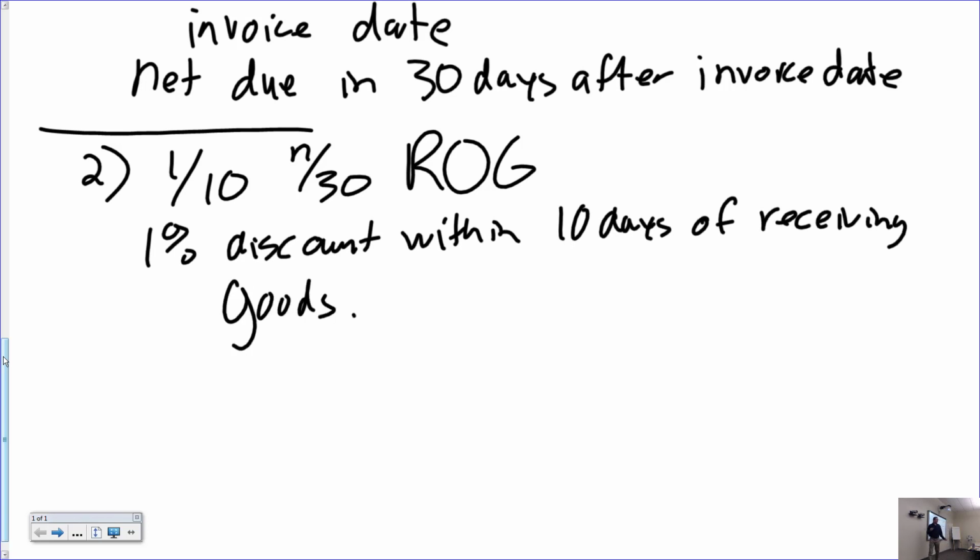And so note that in standard terms, the 10 days are based off of the invoice date, which is when the goods are shipped. With ROG, the 10 days are based off the date that you received the goods, and so it's a slightly different format, okay? Note, though, that due in 30 days.